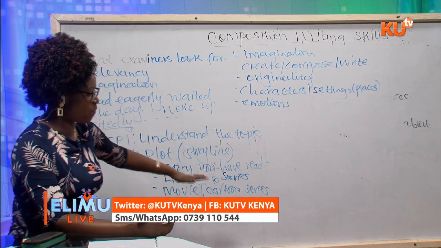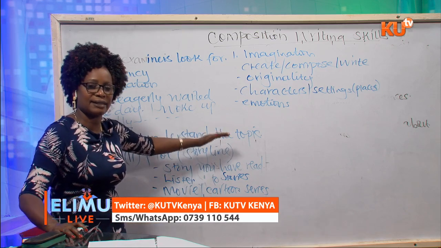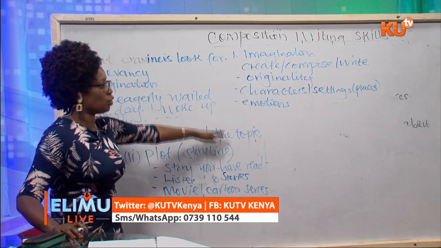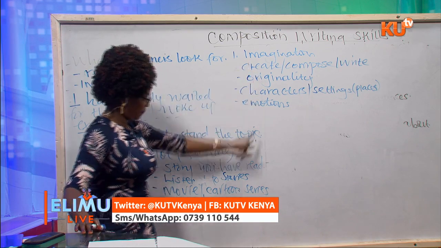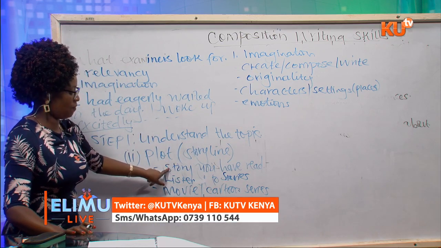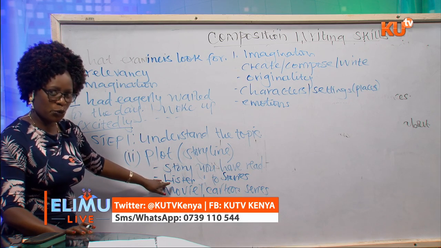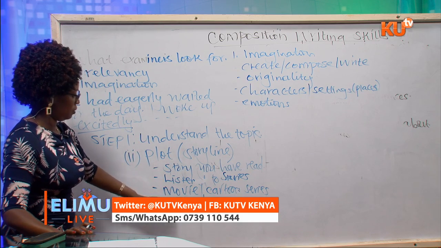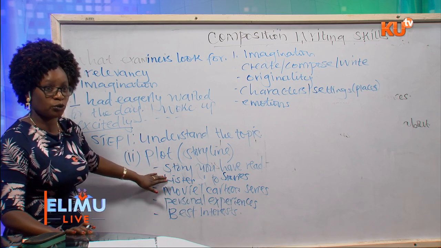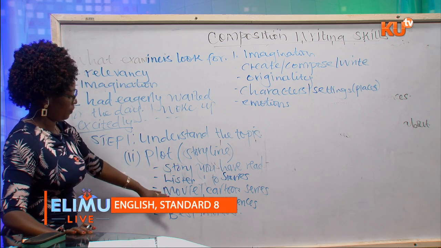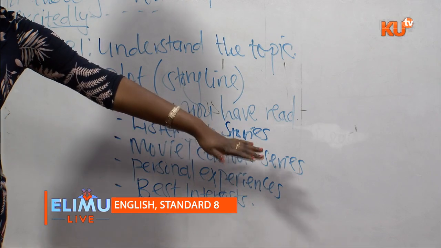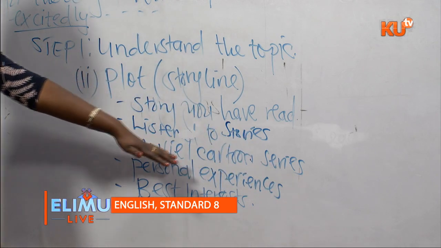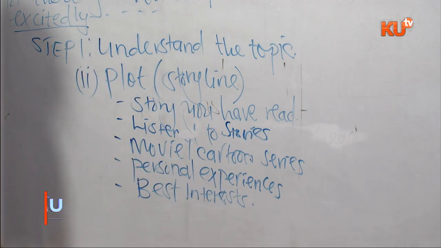So these are the 5 ways that you can come up with great story ideas to improve your imagination. From a story you have read, from a story that you have listened to, that is a story told to you by someone else, from a movie, cartoon series, TV programs, radio programs, and even songs.